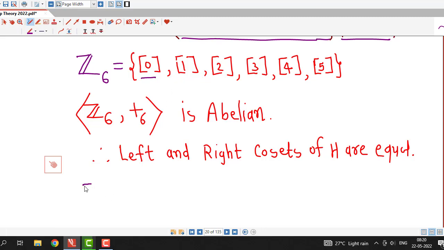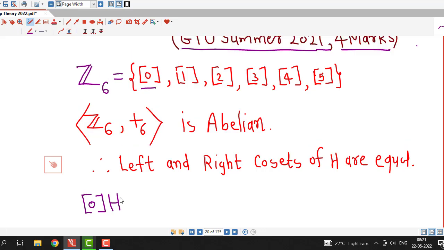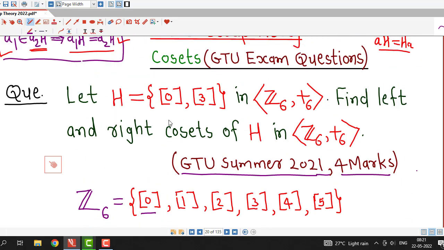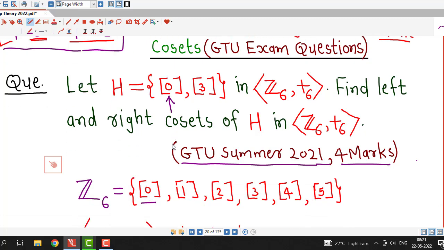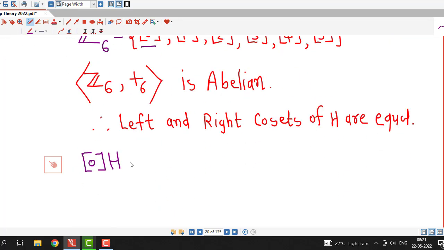So first we start with the left coset corresponding to the equivalence class generated by 0, and we observe that 0 is present in the given subgroup. So using the first property, we can write that the left coset corresponding to equivalence class 0 is H itself, because 0 is present here.